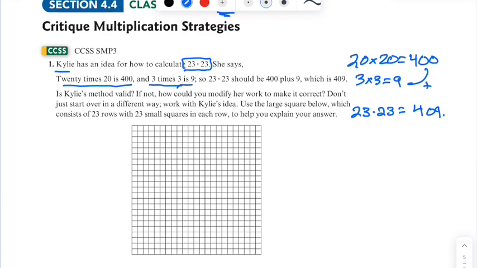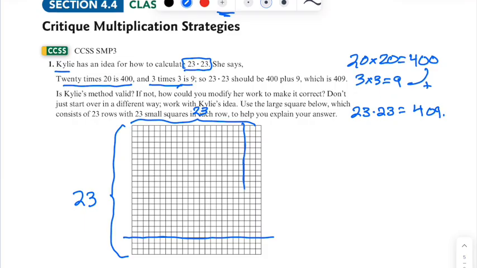So how can we figure out why it's not correct? This array has 23 rows and 23 columns. I'm going to split it apart at 20 and at 20, because that's what Kylie does.